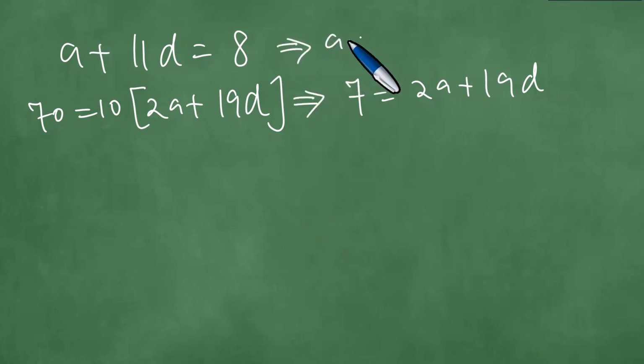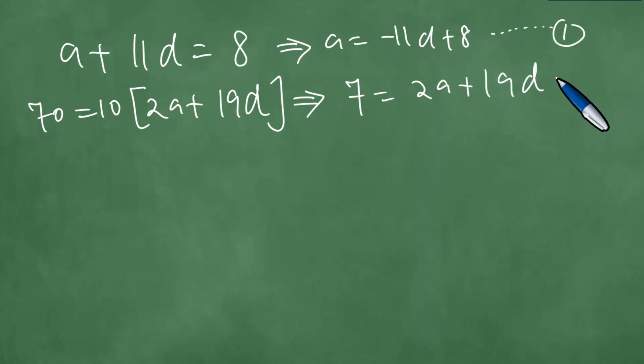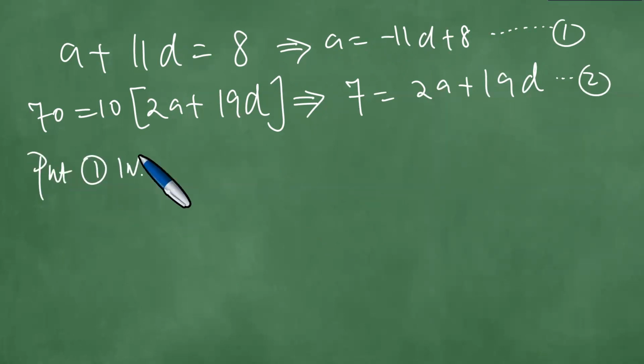So which means that a is minus 11d plus 8. Put 1 into 2.